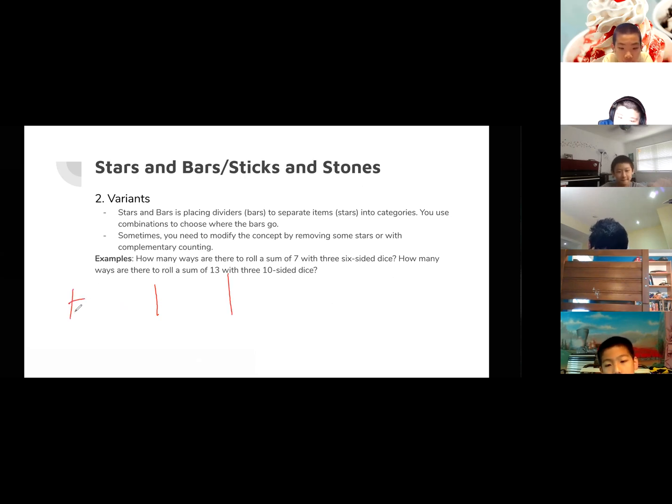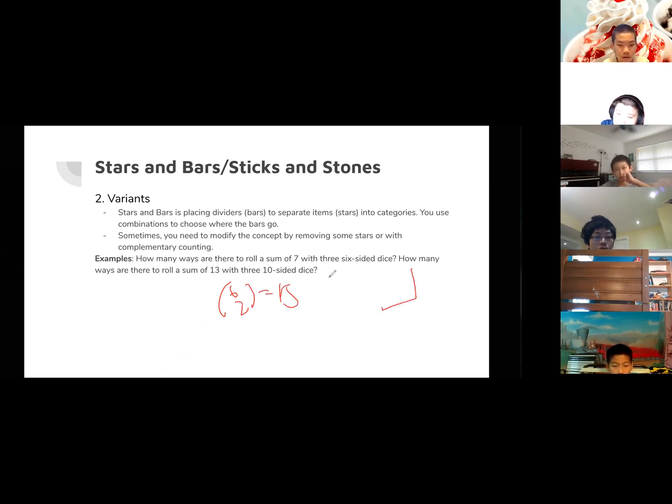So even if this one gets all of the stars, it's still only going to be 5, which is well within our limit. So this would be 5, 1, 1. We don't have to worry about this. And for this one, the answer is simply 6 choose 2, which equals 15.